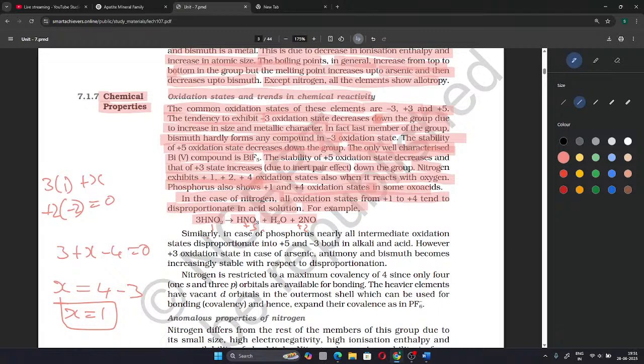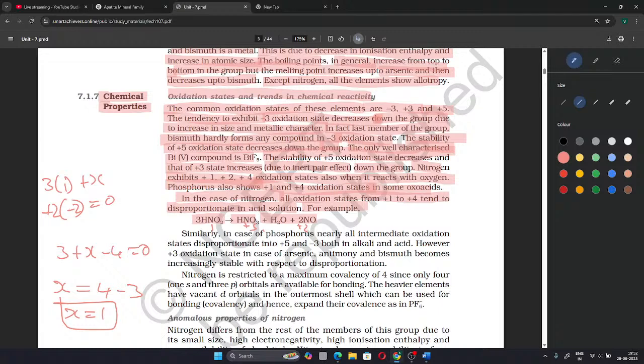All these oxidation states, +1, +2, +3 and +4, will undergo disproportionation reaction, meaning one compound, here HNO2, has nitrogen at +3 oxidation number, and in HNO3 it has +5, meaning nitrogen got oxidized.